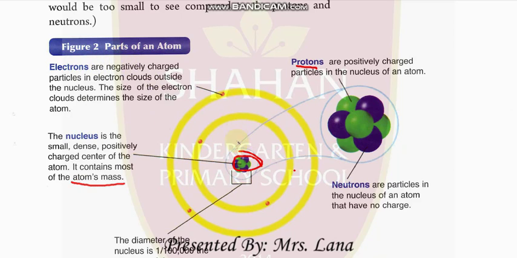Electrons are outside of the nucleus, around it, while the protons and neutrons are inside the nucleus. The size of the electron cloud determines the size of the atom.